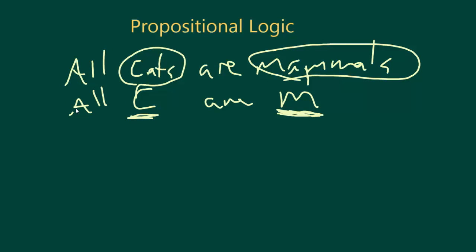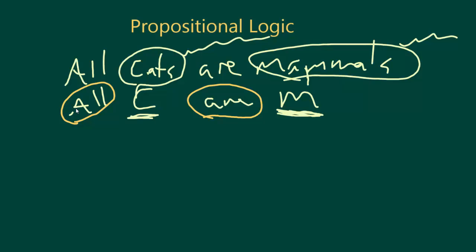So of course, as our subject terms and our predicate terms become more complex, it's very helpful to leave the form words, and then strip away the content, cats and mammals, by just leaving them as these capital letters C and M. And that's a very helpful way to investigate and see the logic that's occurring between these.